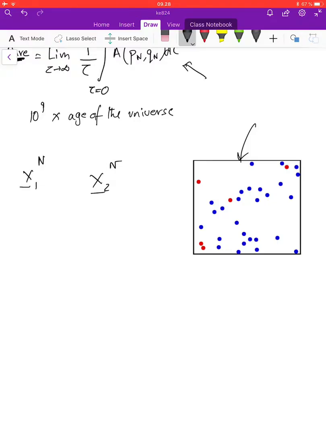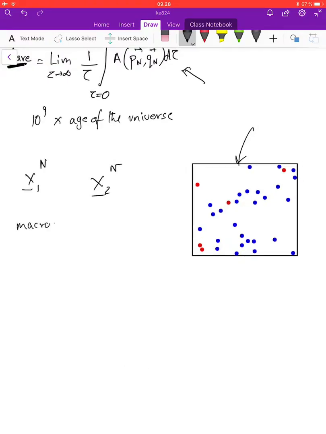Now from the point of view of the macroscopic observable, there is no difference between x1 and x2.